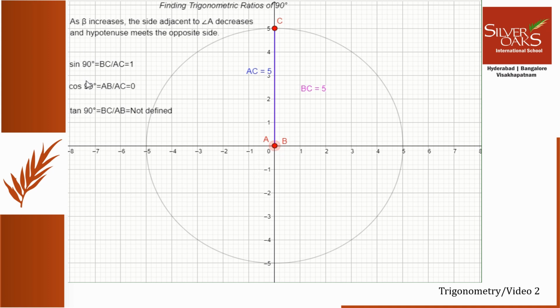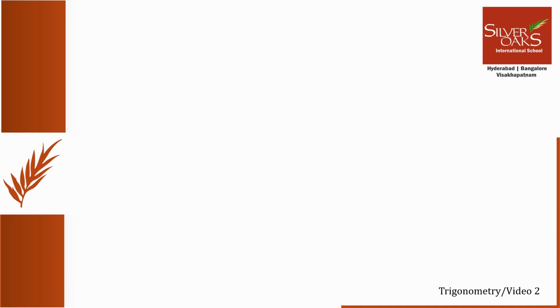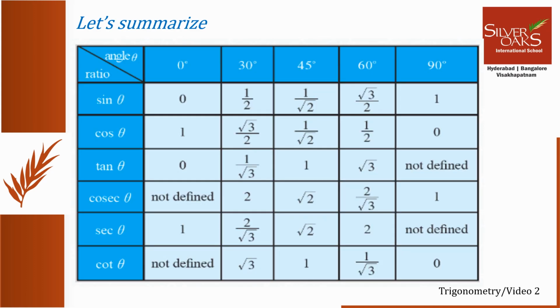Now we got sin 90 degrees, cos 90 degrees and tan 90 degrees. Now find the reciprocal of these: cosecant 90 degrees, secant 90 degrees and cotangent 90 degrees. Let's summarize whatever we calculated till now in a tabular form.